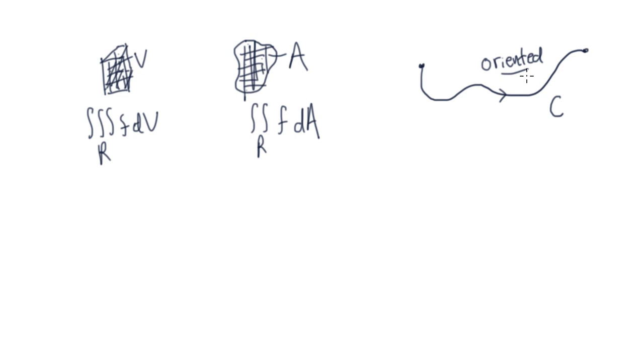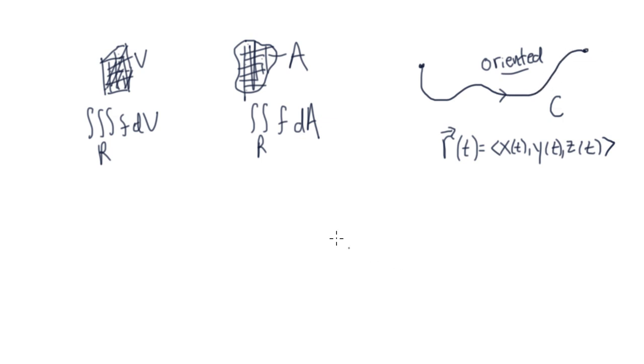But specifically, another way to think about an oriented curve is it's a curve given by some parameterization. Or in other words, we have a vector valued function like this, r of t, that gives this curve, and it gives it an orientation. And I like to stick to the physical representation of this. I want to think about this as the motion of the particle moving along this curve C.